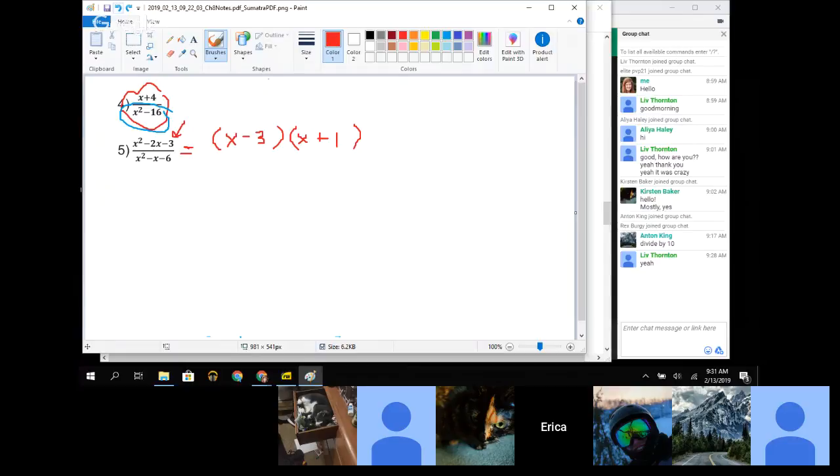Okay. So then on my bottom, I'm really hoping that one of my factors is the same. So I have x times x, and now on my bottom I have -6. And then I need to make those add together to give me a -1. So if I do -3 times +2, then I'm going to get a -x, right? I'll get -6 for the end.